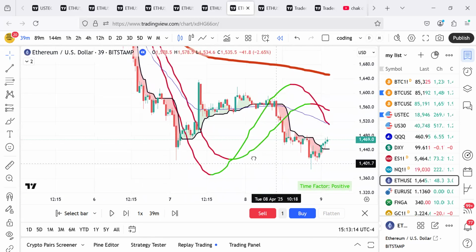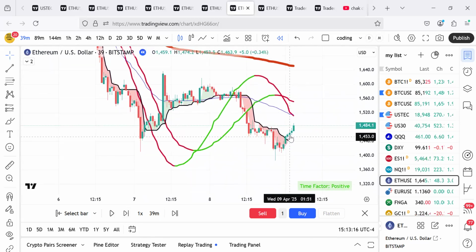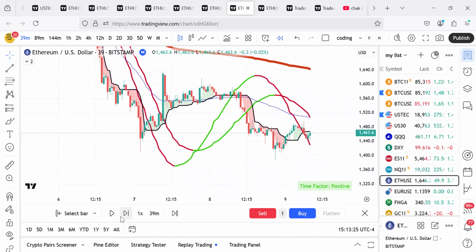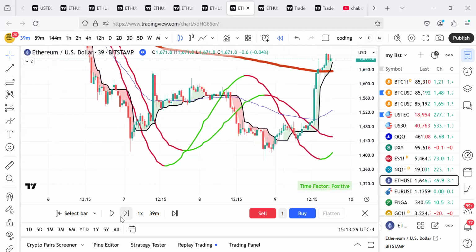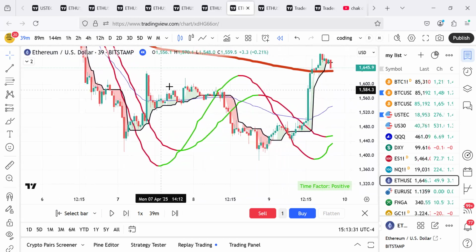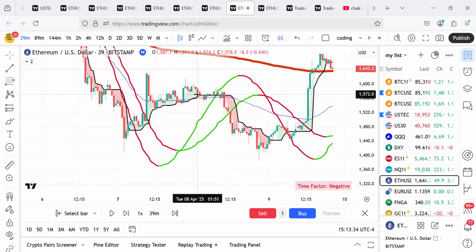Now, it broke the low. Now it is going above the black MA. Everything is positive. So you could have longed above the black MA and done well for yourself. And now the cycles are also positive, time factor is positive, and then we got this big up move.